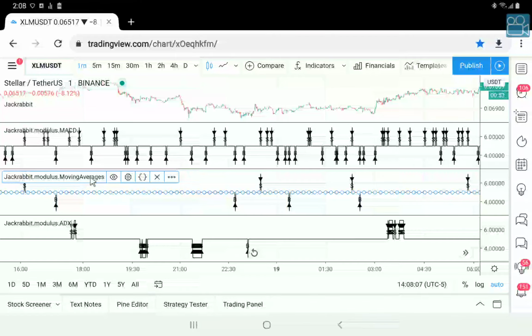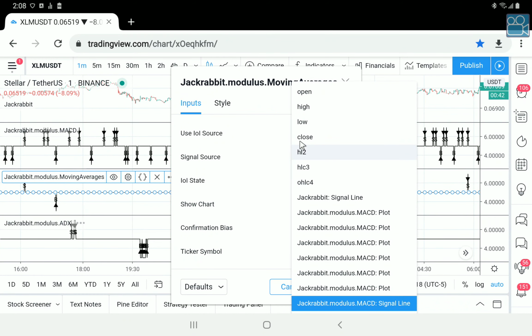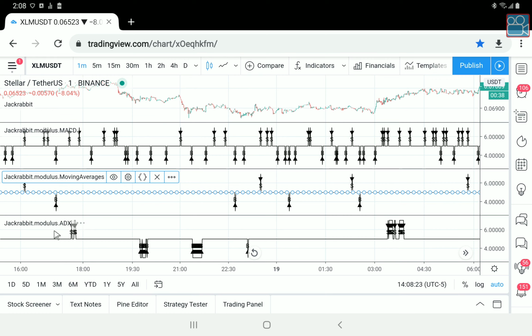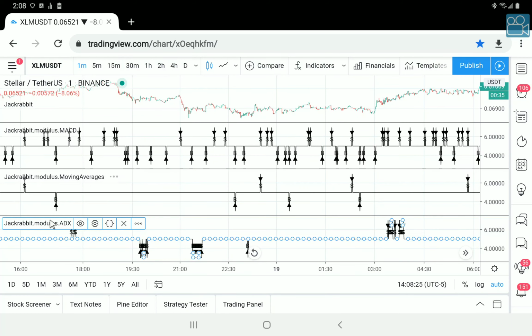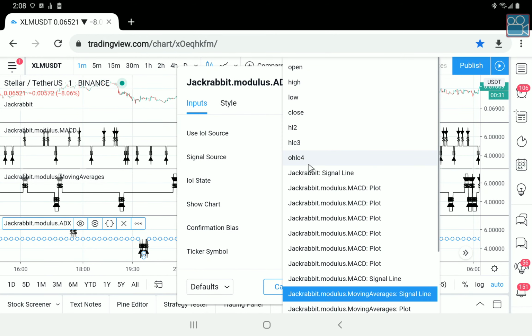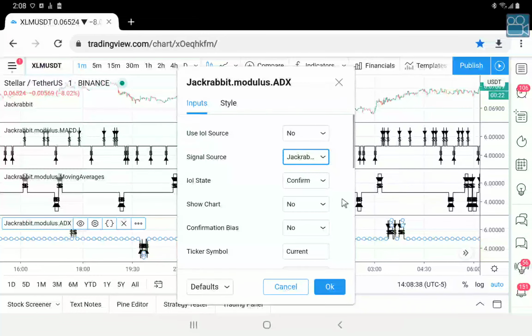So let's unlink this one. Now when you're unlinking to move it around, you have to make sure it's not linked to Jackrabbit. So now let's link ADX to MACD.